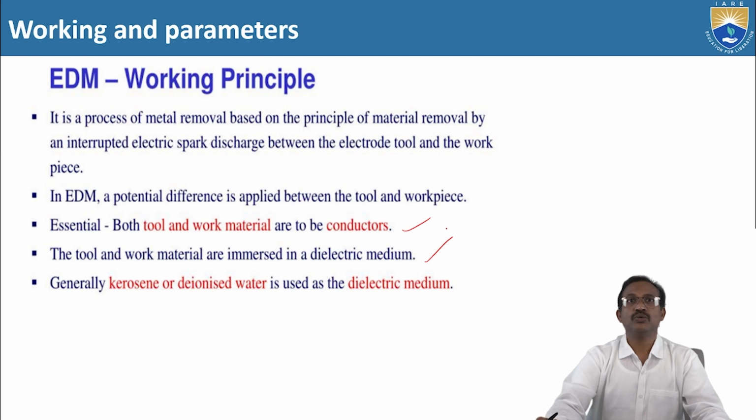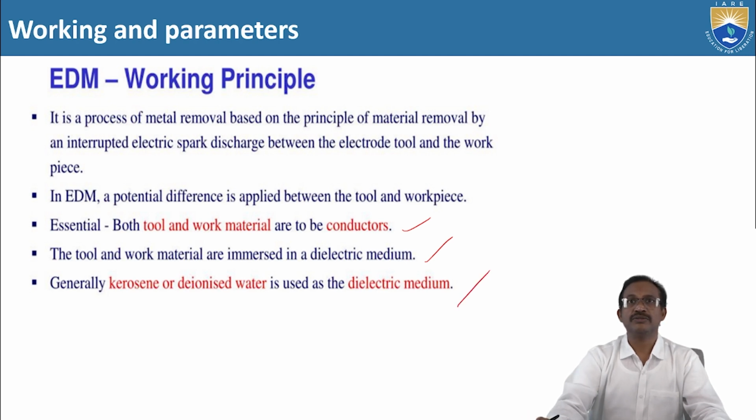Next, the tool and work material are immersed in a dielectric medium. We have already seen this in the schematic diagram: both the work and tool are immersed in a dielectric fluid medium.